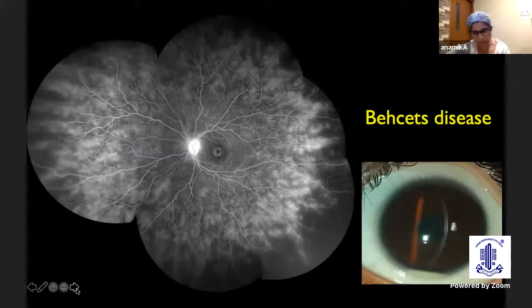That's the way, with the help of our fluorescein angiogram, we clinch the diagnosis of Behçet's disease. So I have given you an example of the usage of fluorescein angiography in an anterior uveitis presentation of Behçet's disease, where the ferning mostly clinches the diagnosis.